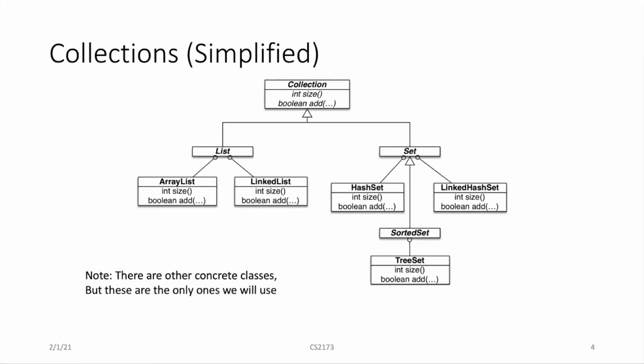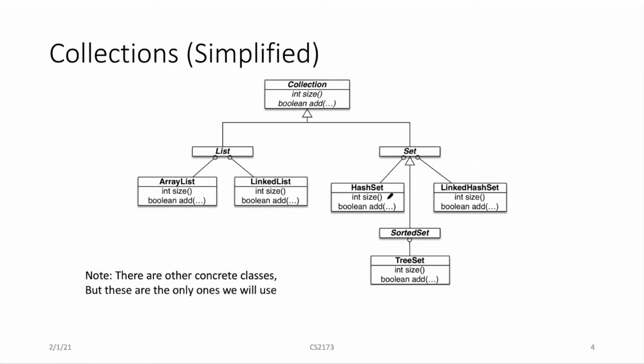Okay, but in order to understand what all this is about, we see that there are interfaces and concrete implementations. So this is just the overview. We're going to be focusing mostly on 3 of these, but we will at least be touching on all 5 that are listed here.